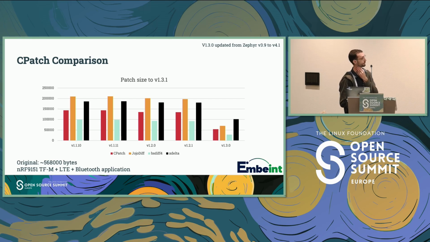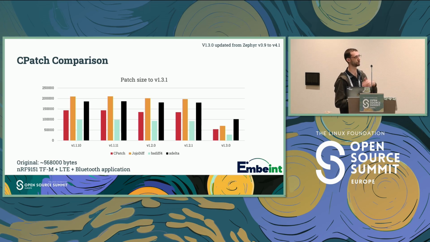And I guess just comparing the 4 algorithms we have shown here, so we've got CPatch in the red, which for all of these, the relative sizes are about the same. So CPatch is generally second best in terms of size. As I mentioned at the start, BSDiff is essentially running like a zip file over the patch file.